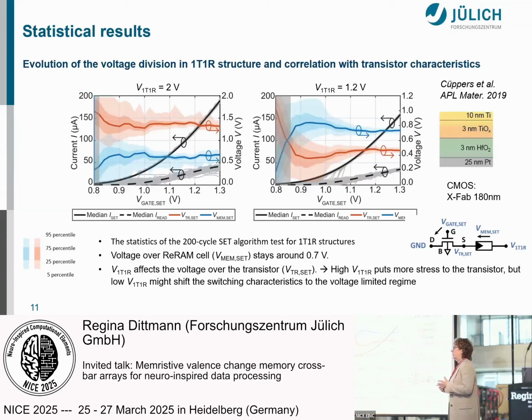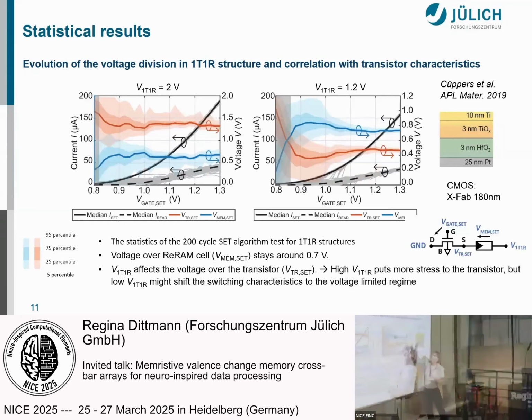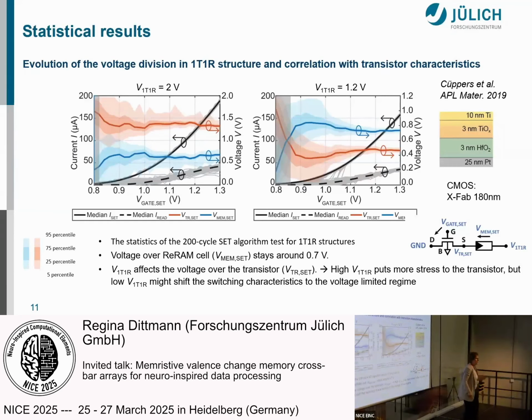That means that there's some kind of intrinsic switching voltage of the transistor, and the remaining voltage drop occurs at the memristor. So if you apply high voltages to your system, that causes more stress to the transistor.